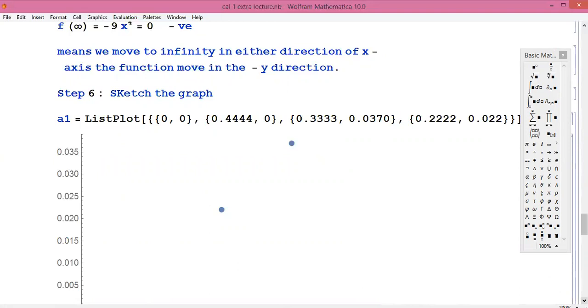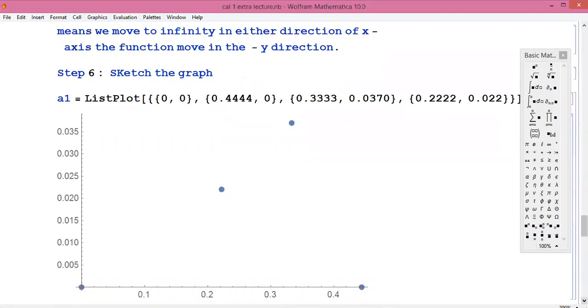I have one intercept, critical point, inflection point, which is that 0, 0. This is my inflection point 0.22 and 0.022. This point 0.33 and 0.0370 is my critical point, and 0.44 comma 0 is again my x-intercept.